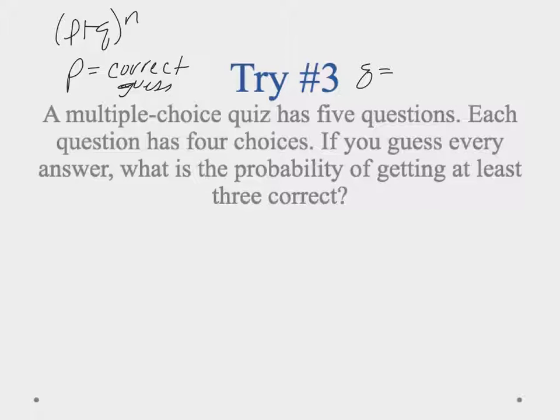Q in this case is an incorrect guess. Okay, so with that being said, the probability of getting a correct guess if you have 4 choices on a problem, that's a 25% chance of getting it right, and a 75% chance of guessing incorrectly. And then N, in this case, is the number of questions, which is 5.